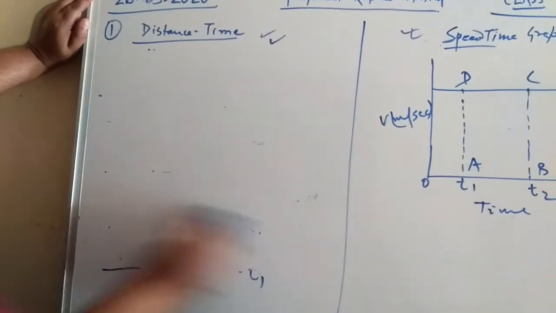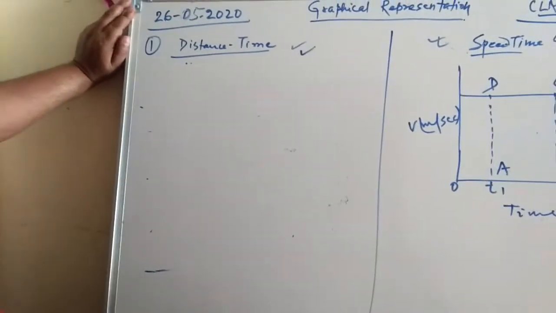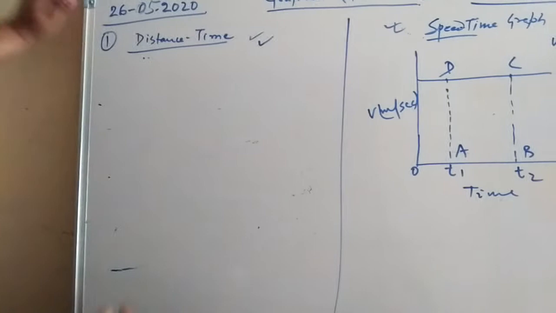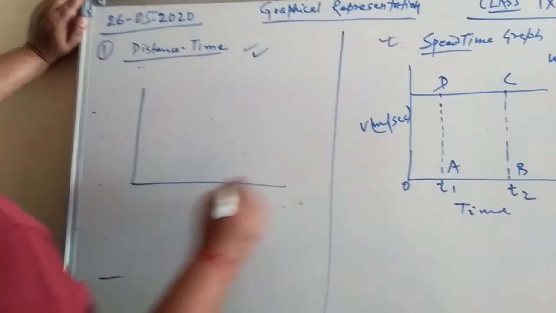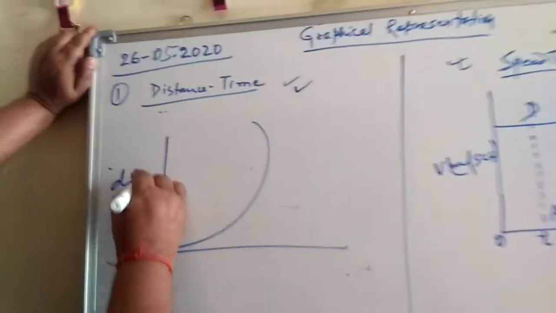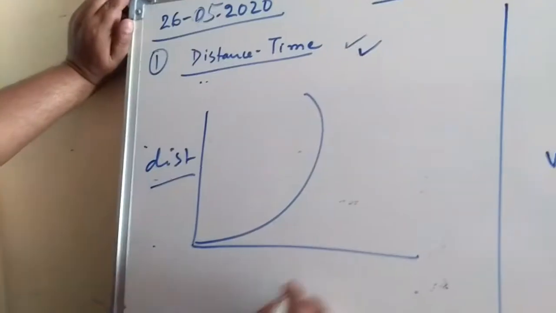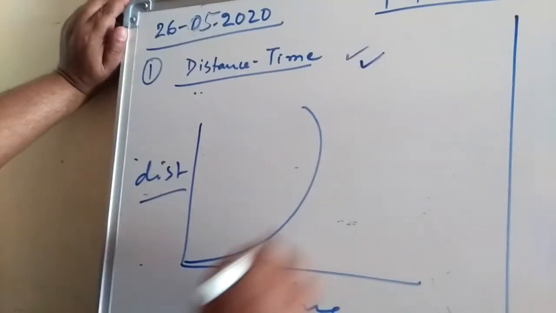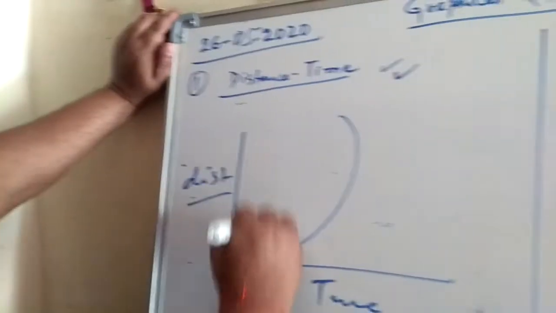But whenever you get another body that has non-uniform motion, then you plot the graph, maybe of this type or this type.